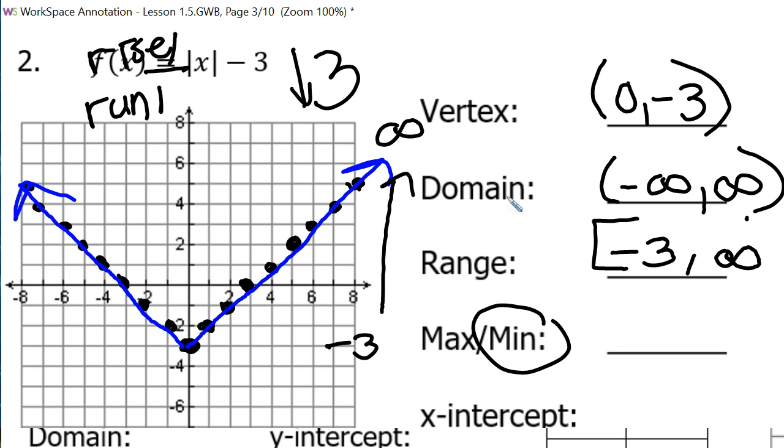For the x-intercept, where does this V touch the x-axis? -3 and +3. Here's one way you can write it. X equals -3, x equals +3. You can write it separately, or you can write it as x equals plus or minus 3.